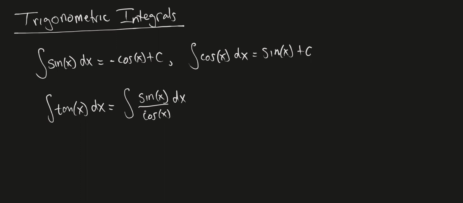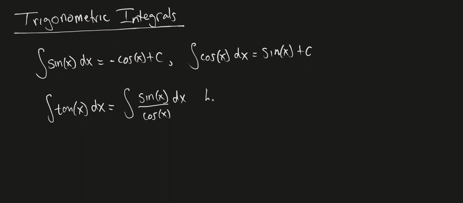So you look at the denominator and ask, is the derivative of the denominator a constant multiple of the numerator? And it is, because the derivative of cosine is negative sine.